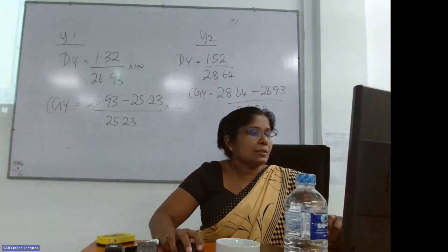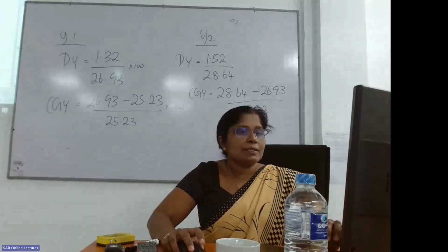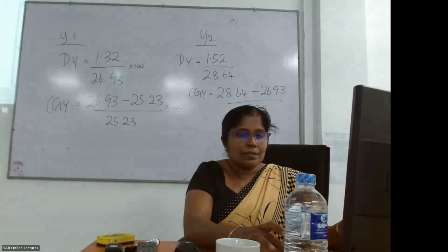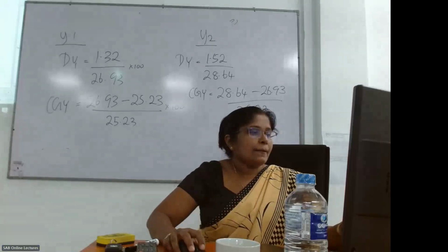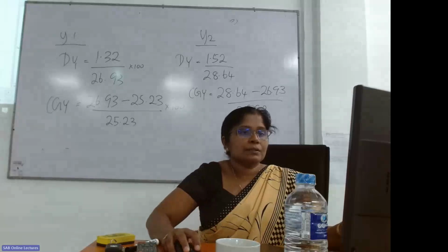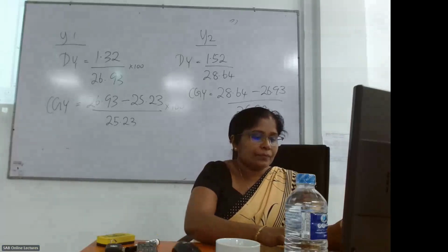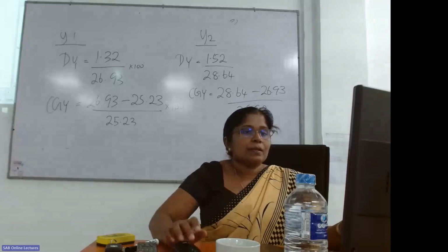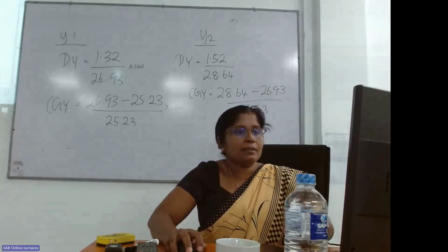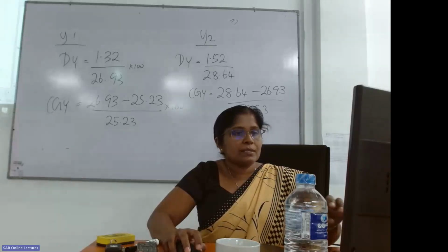Capital gain yield is equal to 28 minus 26, divided by 26, into 100, which is 6.35. If you get the total here, approximately it equals 12%.